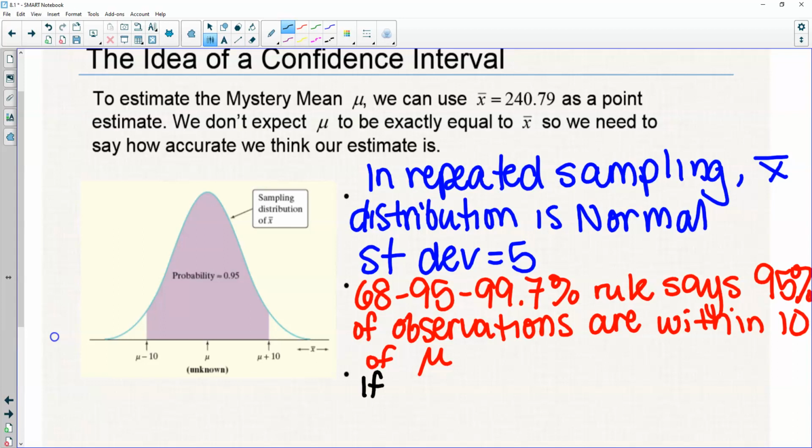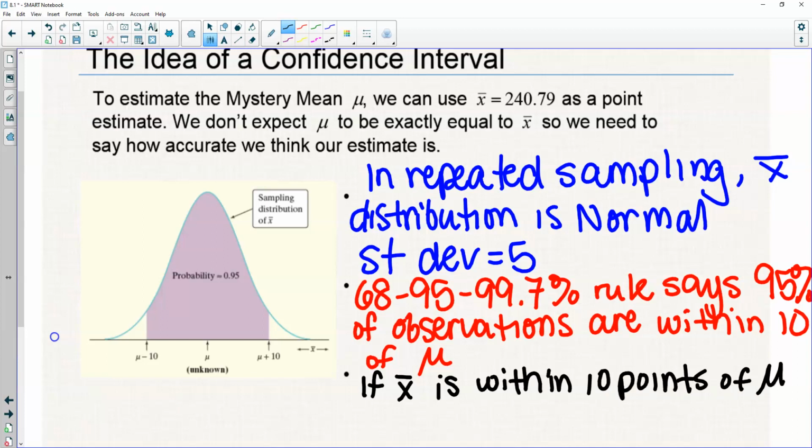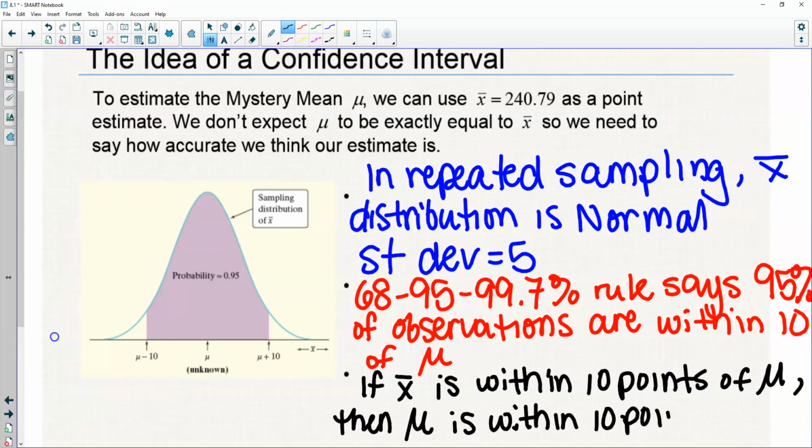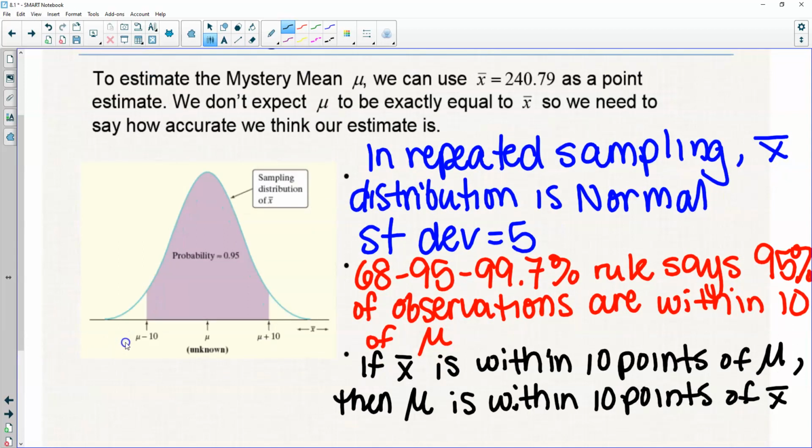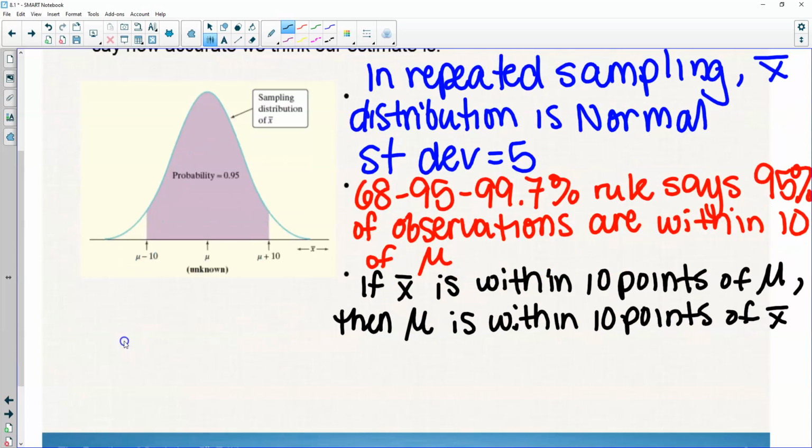So if x bar is within 10 points of mu, then it follows that mu would be within 10 points of x bar. What that means is that if we know x bar and we know the margin of error is 10, then we can capture mu 95% of the time within 10.